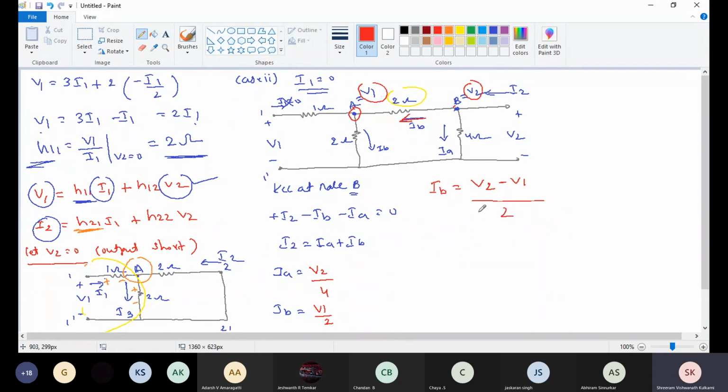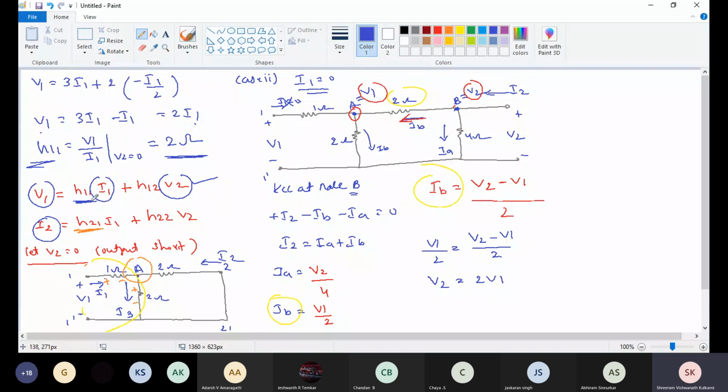Now I am going to equate this IB with this IB. Simple. Now V1 by 2 is equal to V2 minus V1 by 2, and if I simplify this one, I'll get V2 is equal to 2 V1.